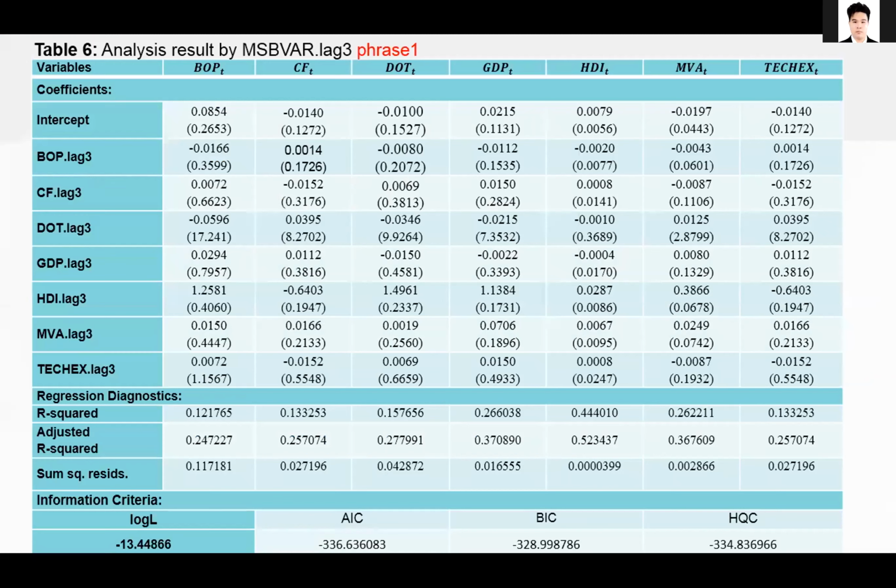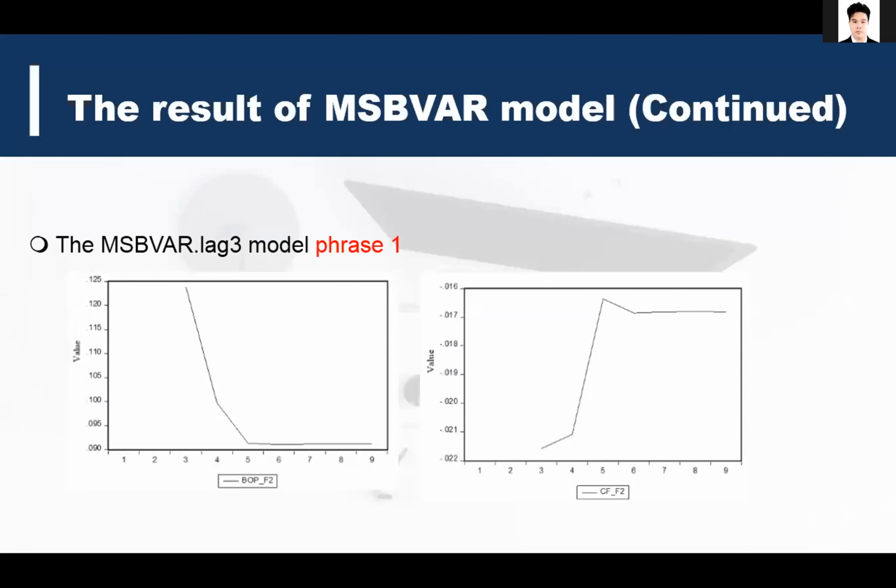Here is the evaluation result from this study showing the relationship between each variable of the Msbvar model Lag 3 phase 1. This figure shows the forecasting result from the Msbvar Lag 3 model for phase 1 or phase 2 between each variable.